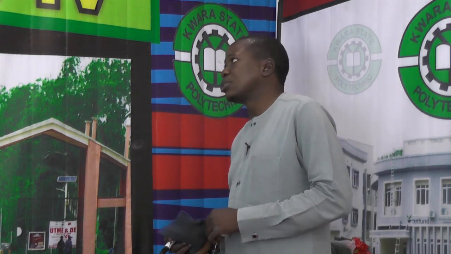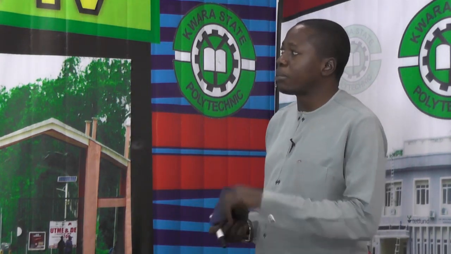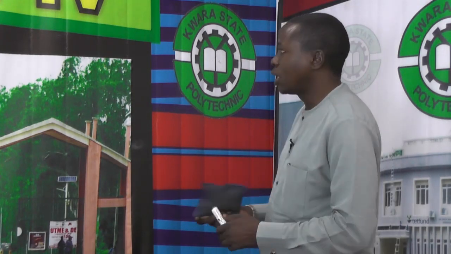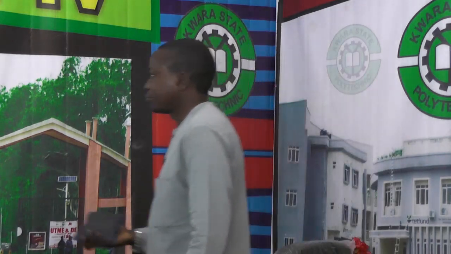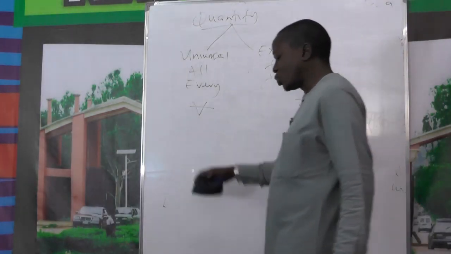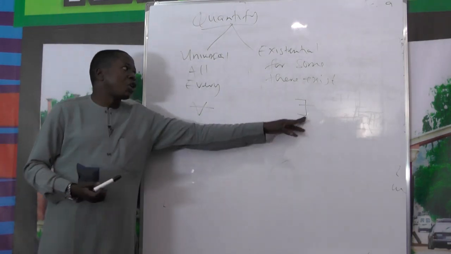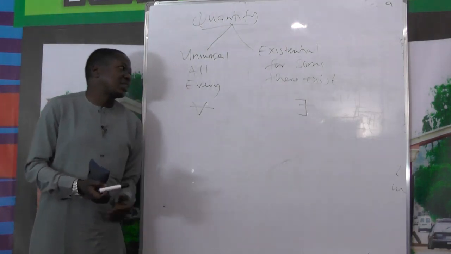So now let's take an example of what we have been saying about quantifiers. Remember I told you quantifier is of two types: universal and existential quantifier. This one is used for universal, for all, and this one is used for existential, there exists.